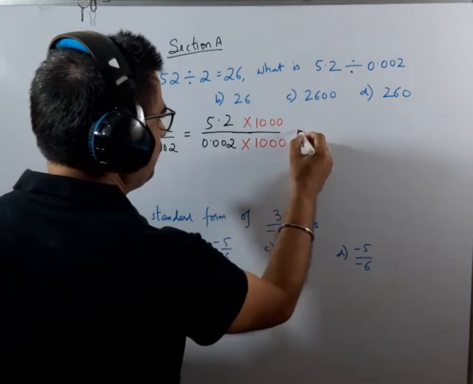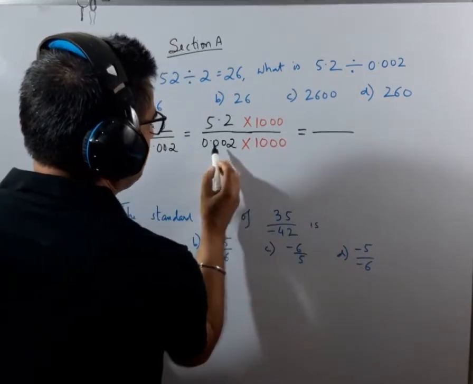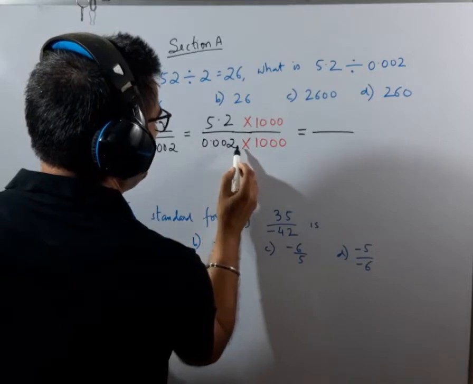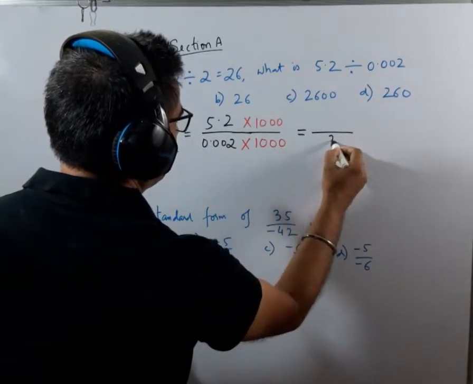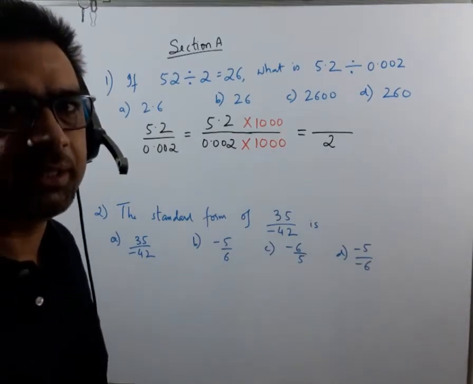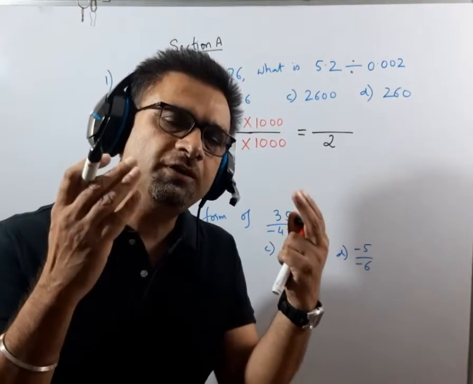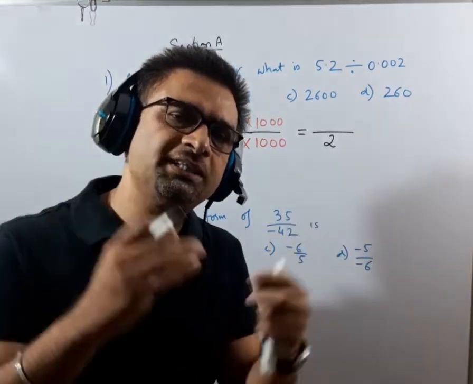Now let's see what has happened in the denominator. In this case, the decimal moves three places, 1, 2, 3, and therefore we have got rid of the decimal. That's what we talked about at the beginning, that whenever it comes to decimal division, we first need to get rid of the decimals in the denominator.